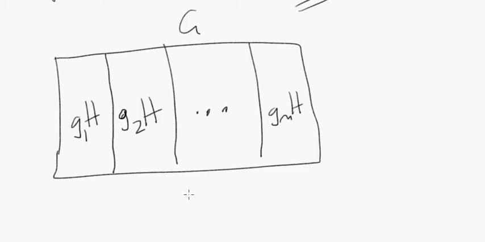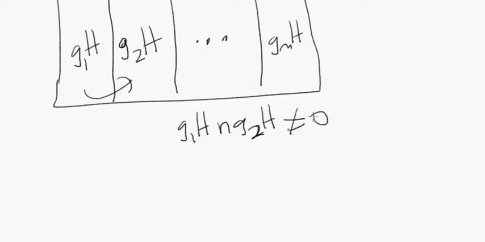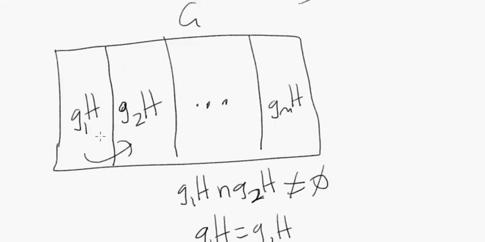We know that if any two of them, for instance, G1H and G2H, had some non-empty intersection, then that would mean that G1H equals G2H. That means that of all the cosets we formed there, the coset G1H, G2H, G3H, all the way to GmH, they either have no elements in common or they have all their elements in common.